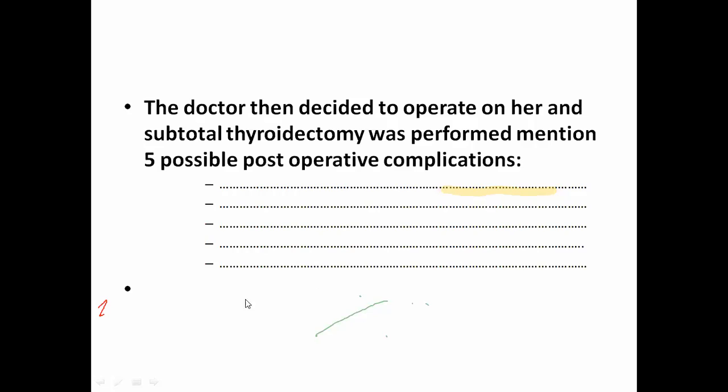Respiratory distress. What causes this distress? Hematoma. If the patient gets distressed immediately after removing, what are you to do if you have a post-thyroidectomy hematoma compressing on the trachea?